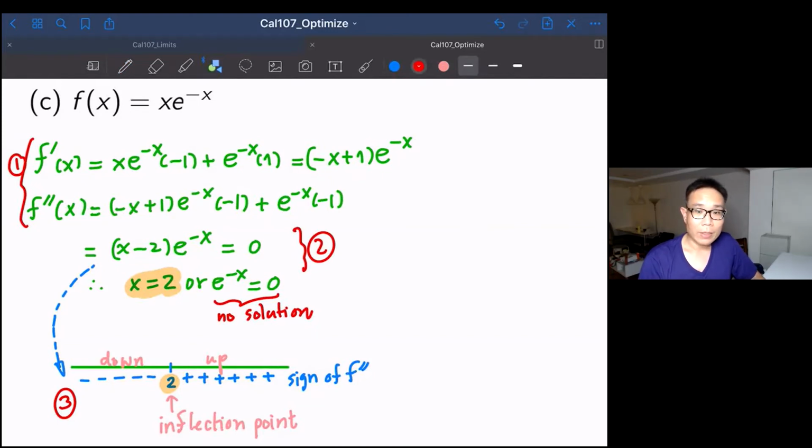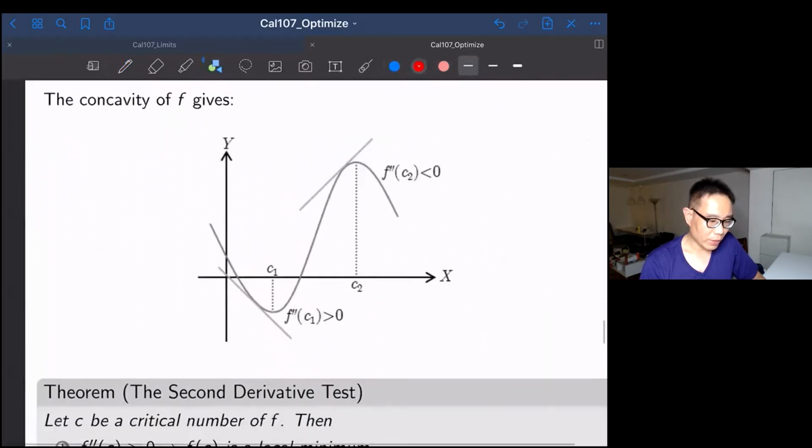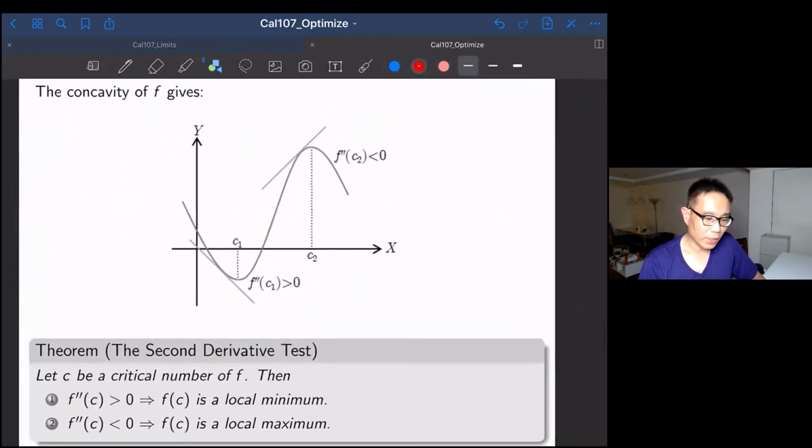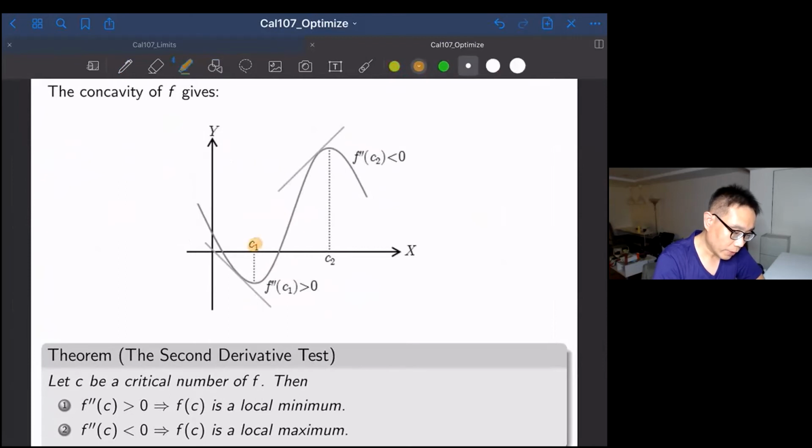Okay. So the next thing is going to be about how concavity can be used to test for the maximum and minimum as well. So what does the concavity of f give? So you see that if you have the critical numbers, so C1 and C2 are critical numbers in this case.